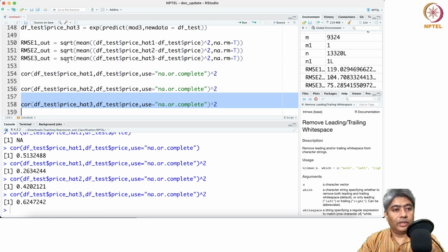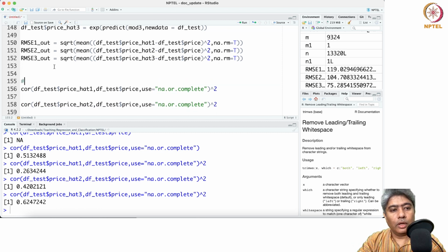These are out of sample approximate R square.